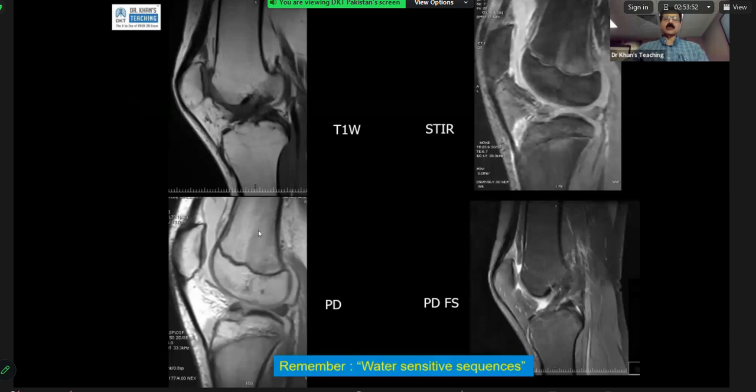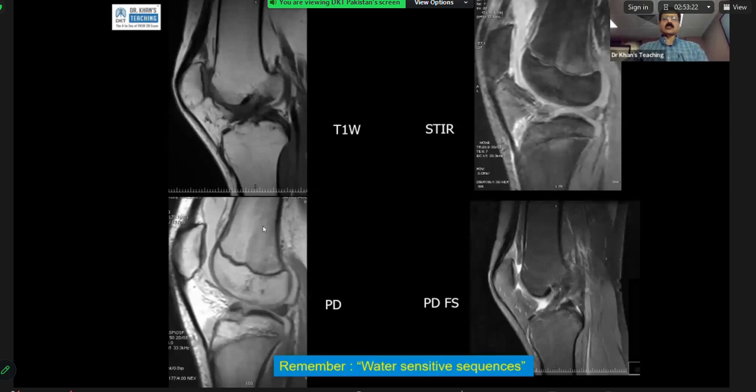So please remember that marrow signal, fat, appears bright on T1 as well as PD weighted sequence. For marrow abnormalities, the key sequence actually is T1 and a stir sequence, which is this one. T1 and stir is the best sequence. Anything where you want to check for marrow abnormality, even trauma or infection or tumor, etc.